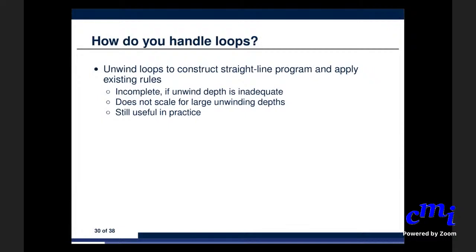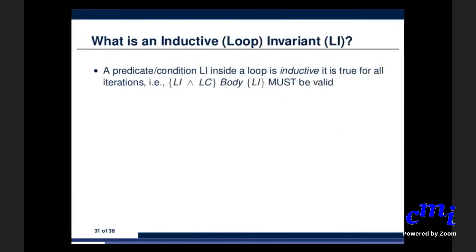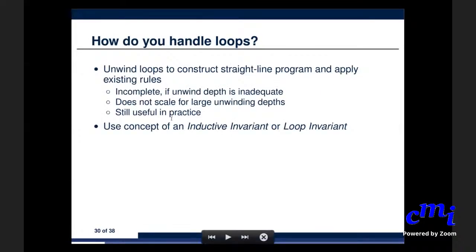And since we are doing it for all possible input data, you might not be able to do this. Even if you know precisely, like for for loops, how you could unwind them, it won't be practical and it won't scale. So I'll be introducing the concept of what is called a loop invariant, or sometimes also called an inductive invariant, that comes to the rescue.